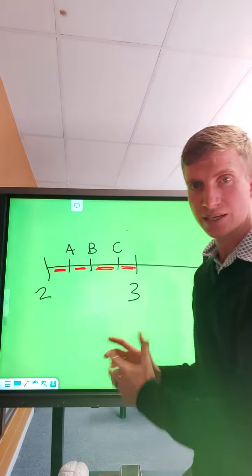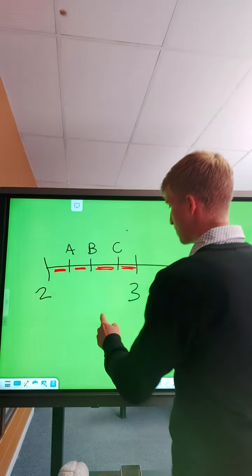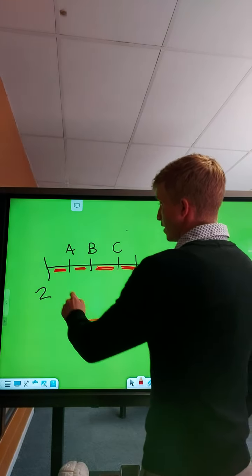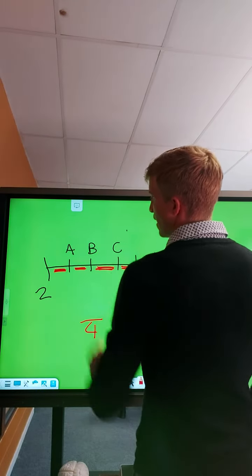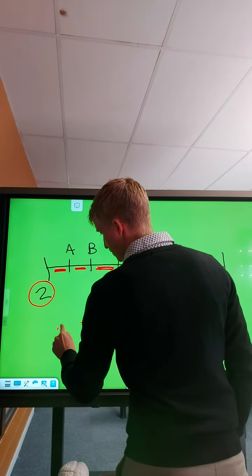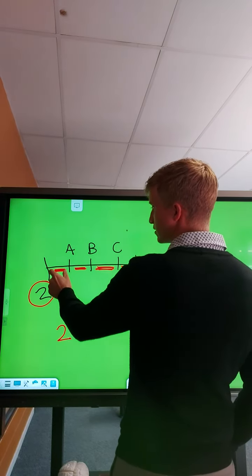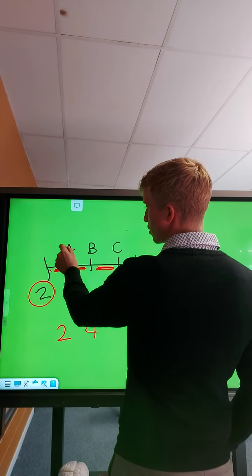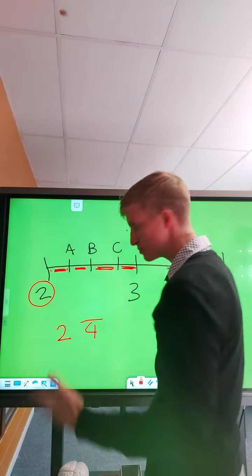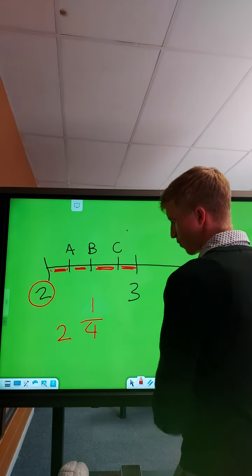The denominator is the amount of parts. So my denominator is there. Now, if I say, what is the value of A? A is 2. I don't throw my 2 away. 2, and it's just one part of the 4 parts. One part of the 4 parts means 1 over 4.